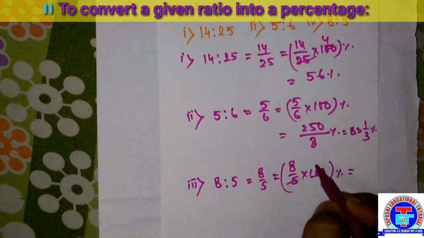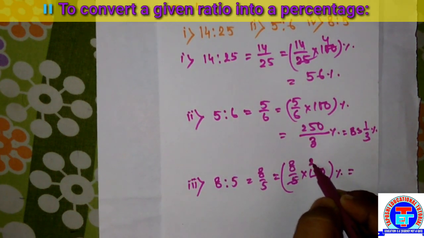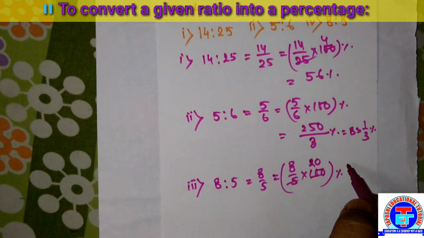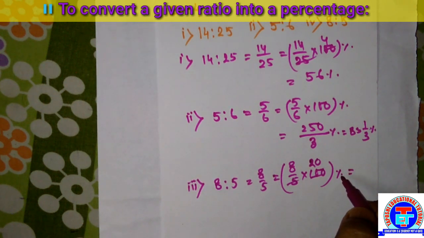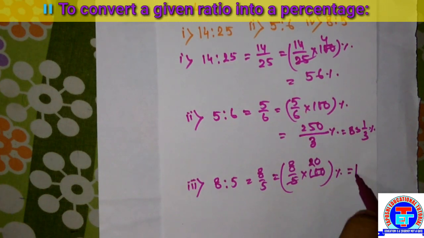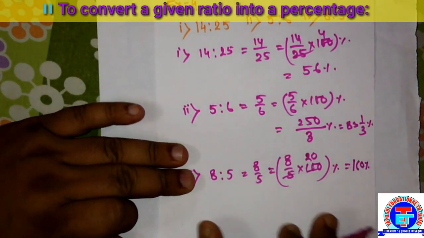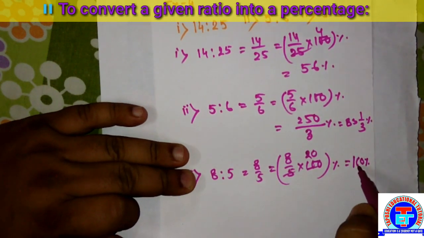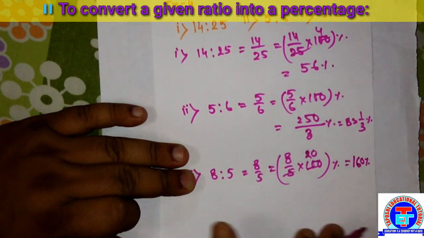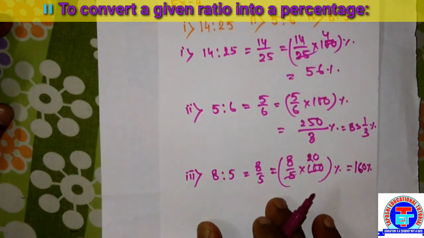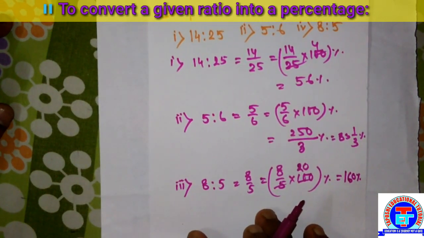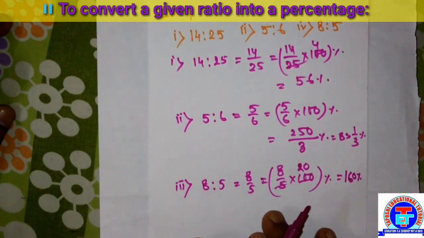This one became 20, that means it will become 160 percentage. Okay, 160 percentage is the answer to this problem. I hope you clearly understand.